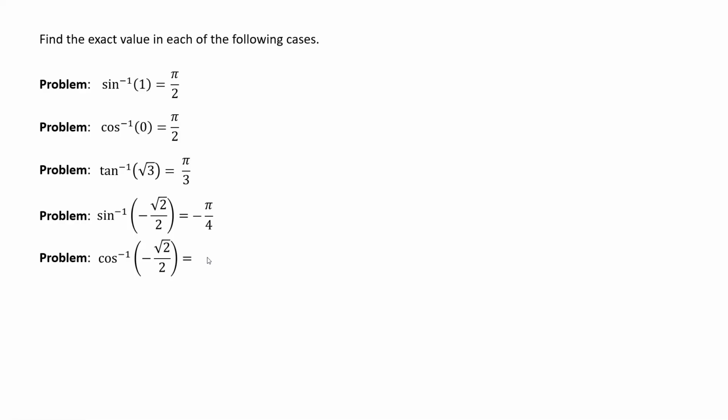Cool. What angle? Use the reference angle. 180 minus 45 must be the answer. That means pi minus pi fourths, which is 3 pi over 4. Cool? So that's how I would find cosine inverse of negative square root of 2 over 2.